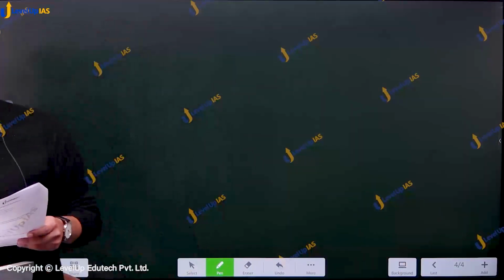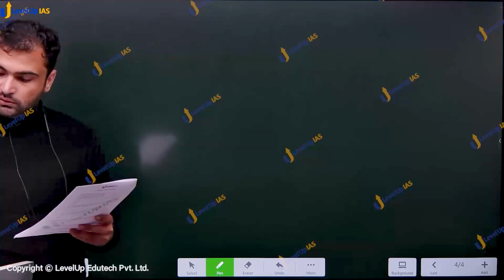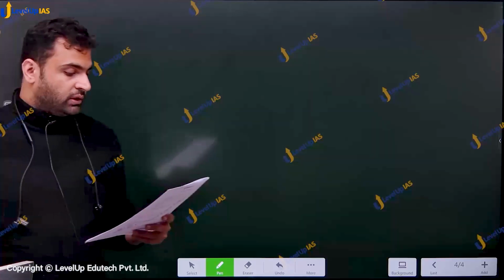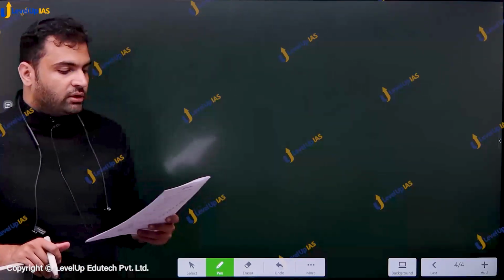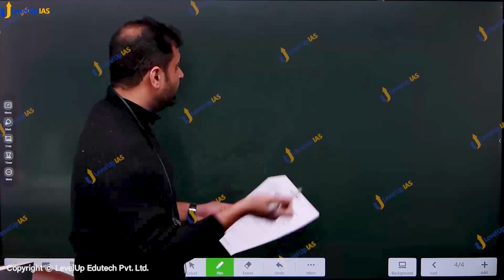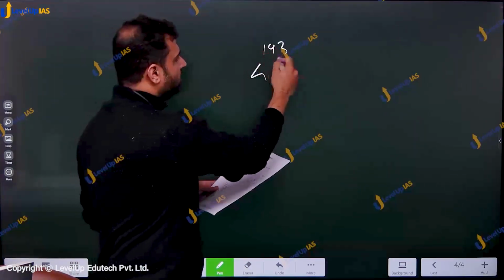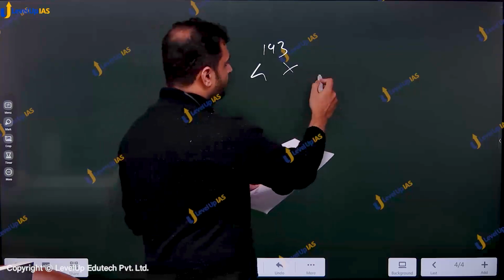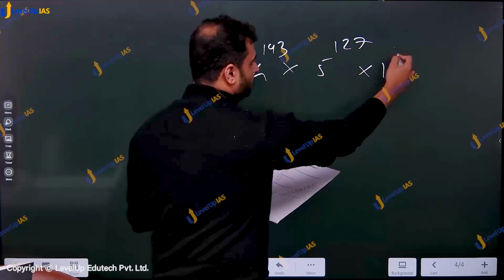Next question is 9. Question number 9. What is the units digit in that particular product? Product is, well, I'll just write units places because only things that matter would be units places: into 5 raised to 127 into 1 raised to 111.